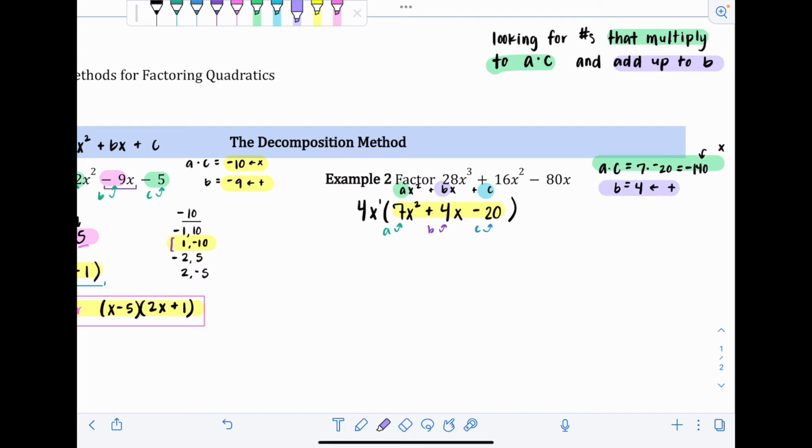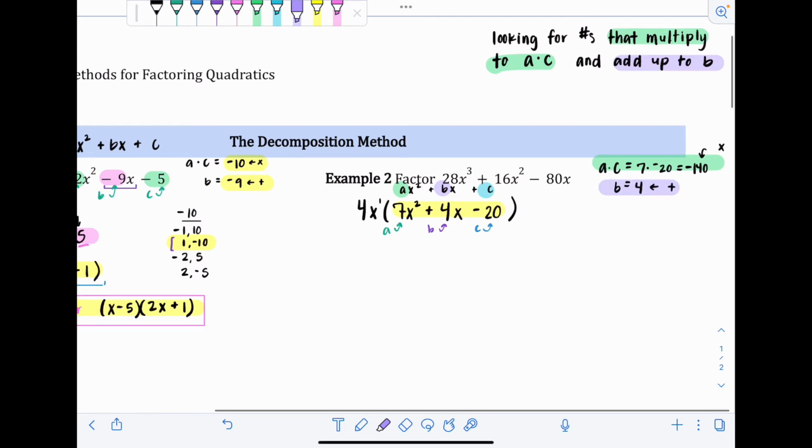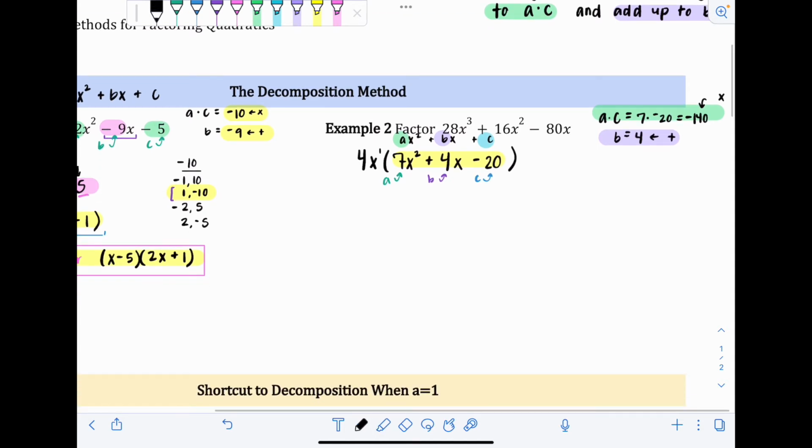Okay, so especially as we're getting comfortable with these types of problems, it's usually best to just go ahead and make a list of all the factors of whatever a times c is. So in this case, negative 140. I'm just going to start with the 140. We'll worry about the negative part after. So 140 should be 1 times 140. 2 times 70. I don't know if it's divisible by 3, but we can use a calculator to check. It's not, because you get a decimal.